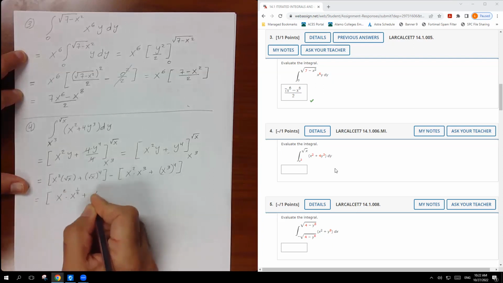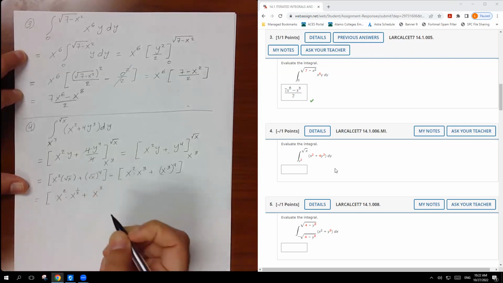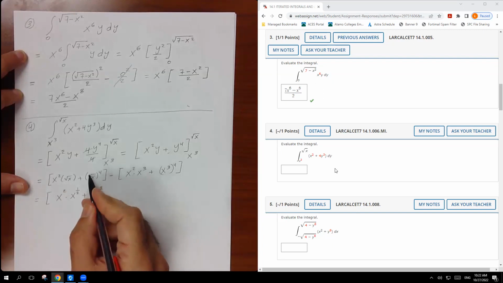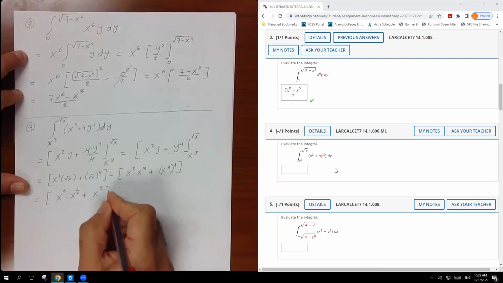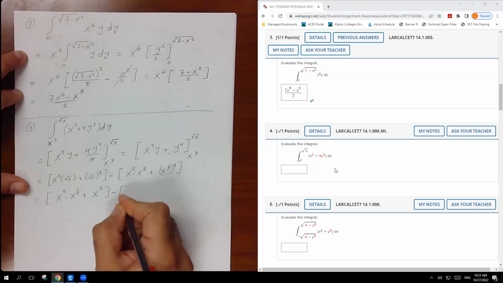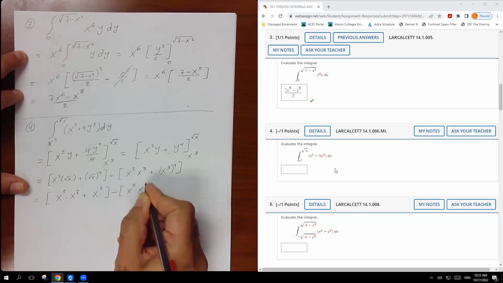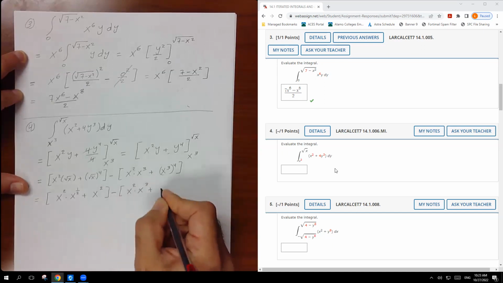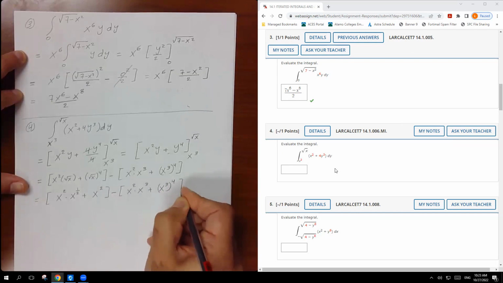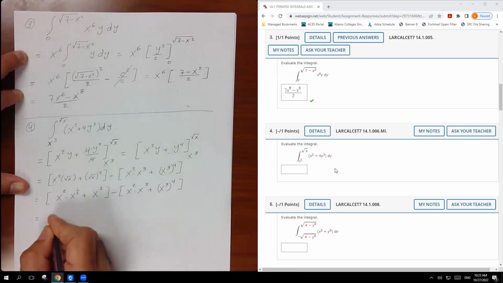Plus, this is going to be x squared, because the exponent is 4 divided by 2, which is 2. And everything is minus here. This one is going to be x squared times x cubed plus x cubed to the power 4. Just doing extra steps.